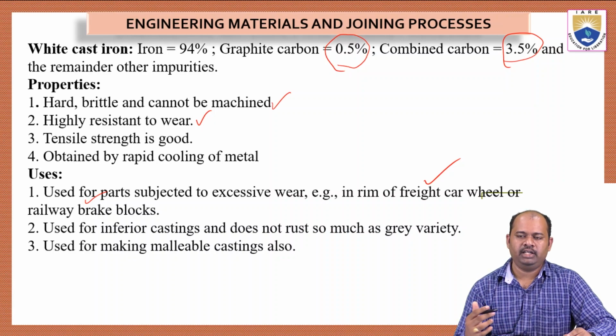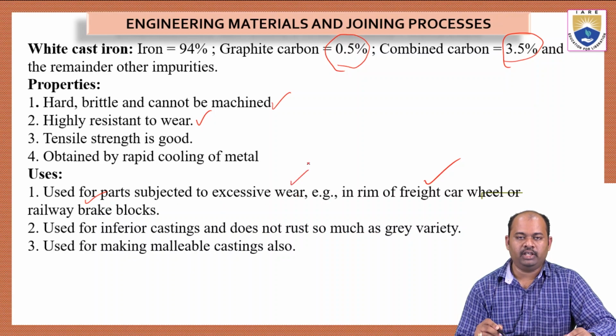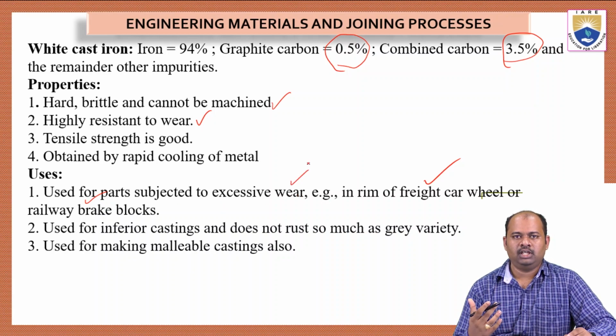That is why it is used where the surrounding environment around the metal object is prone to wear. That is when we will go for white cast iron.